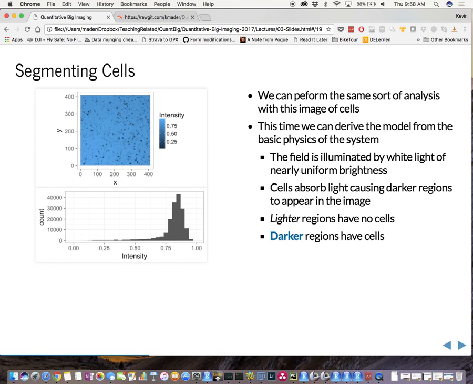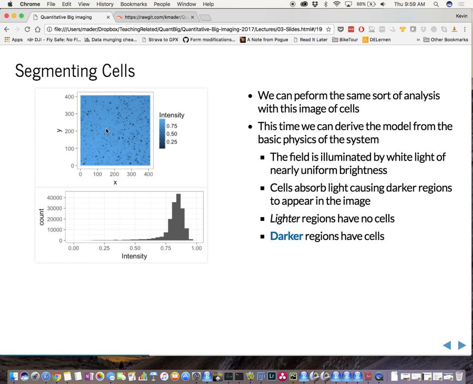So when we go to an image that's more difficult, like segmenting cells, we then have this image where you have a standard microscope image, light is shining through, and the cells are absorbing some of that light. And so a blue spot or a white spot is where there's no cell because there's nothing absorbing the light at all, and a dark spot is where there is a cell.